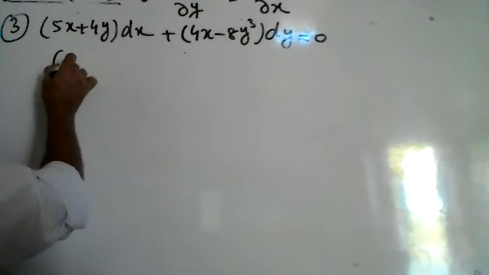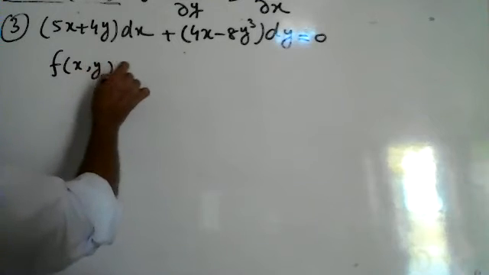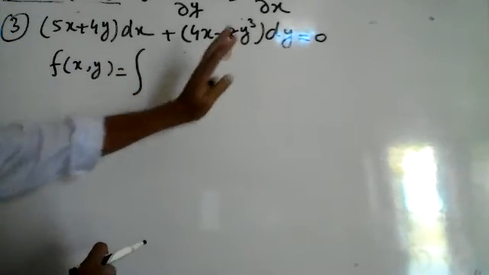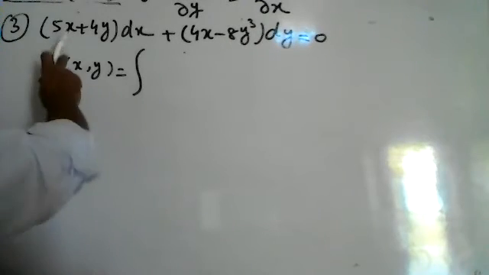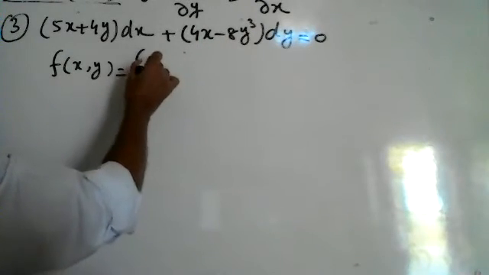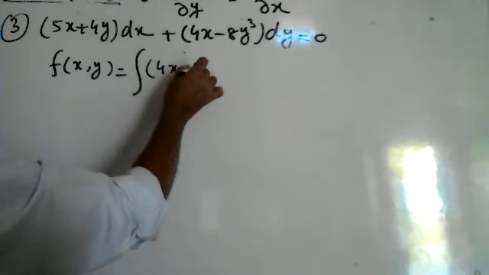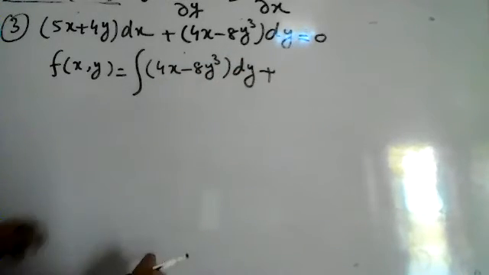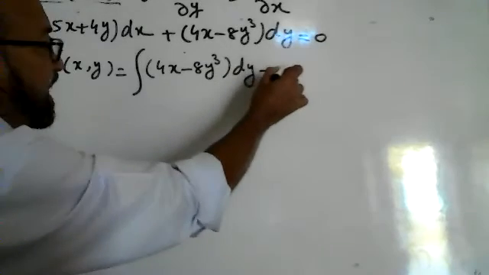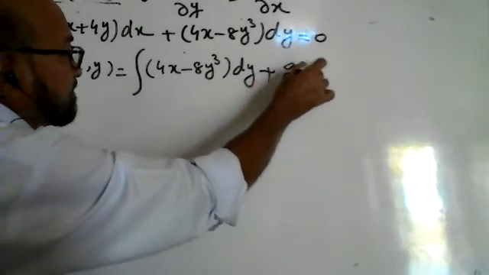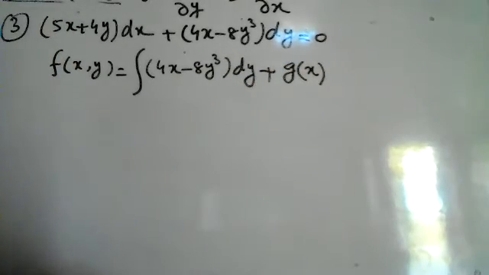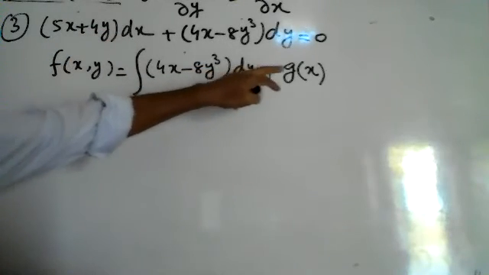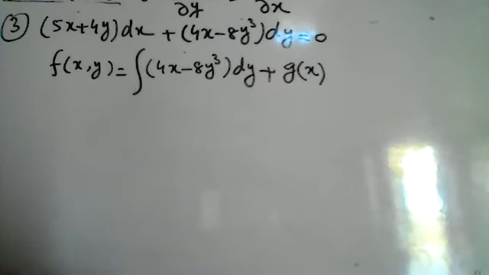F of x, y will be equal to the integration of this one, or you may take this one, any one of them, no problem. So now we will take this one, 4x minus 8y cube dy. When we are integrating with respect to y, we have to add g of x. If we integrate with respect to dx, we have to add g of y.